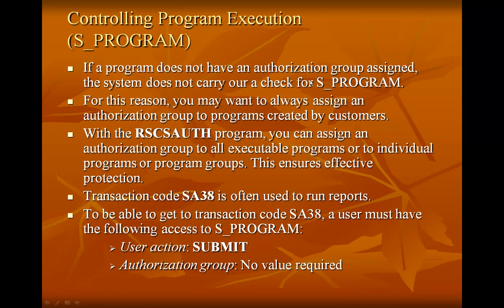If a program does not have an authorization group assigned in the system, the system does not carry out a check for S_PROGRAM. So it's not going to check for that authorization group field. It's given direct execution access. For this reason, you may want to always assign an authorization group to programs created by customers. It gives more security.